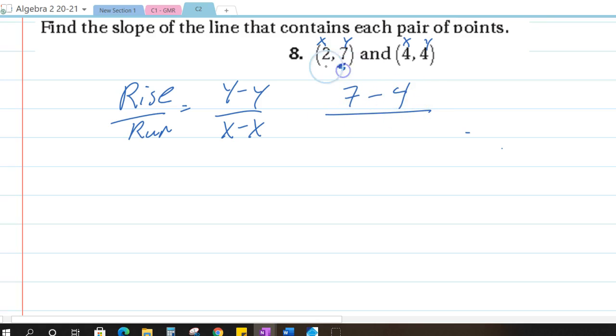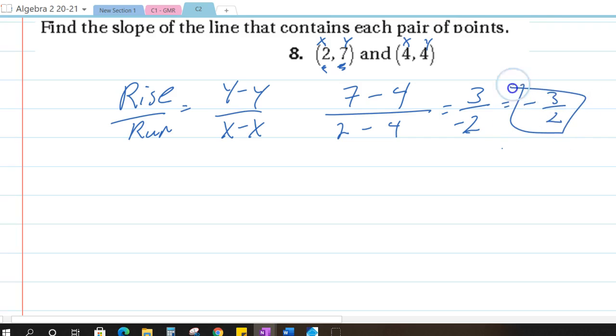Because I started with the 7, I have to start with the 2. 2 minus the other 4. That gives me 3 divided by negative 2. Now we can never leave the negative sign in the bottom. It either has to be in the middle or on top. Slope is equal to negative 3 over 2.